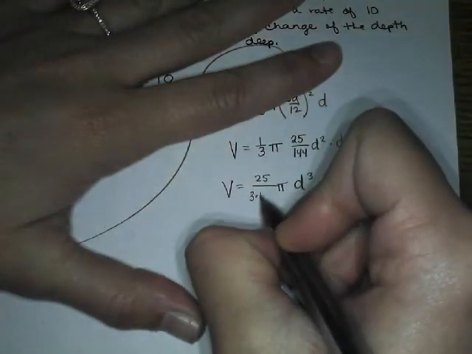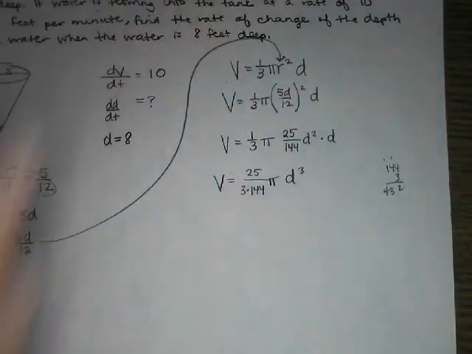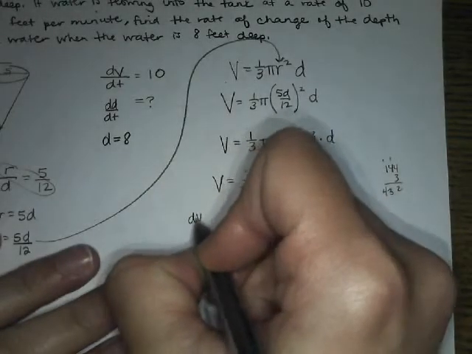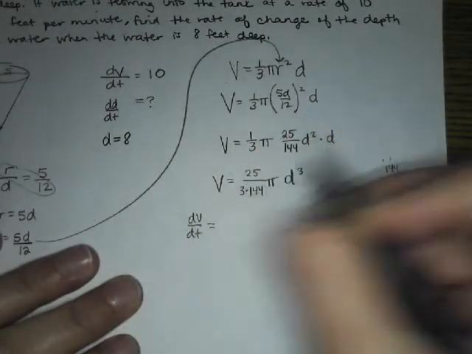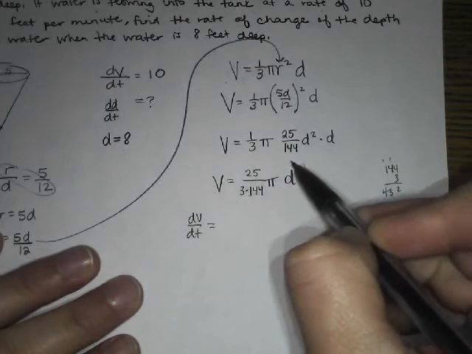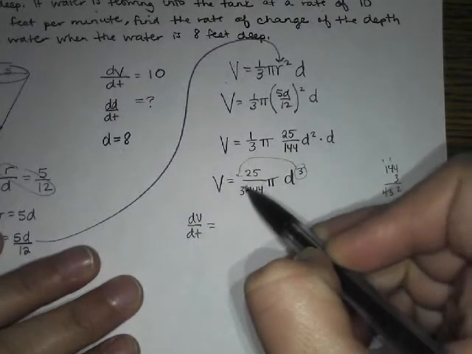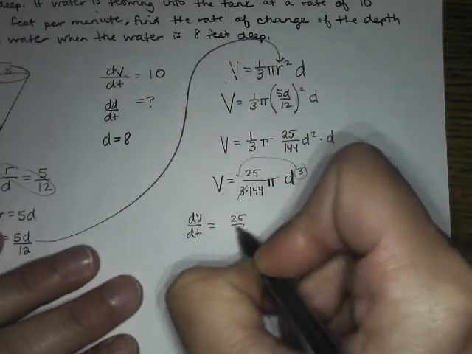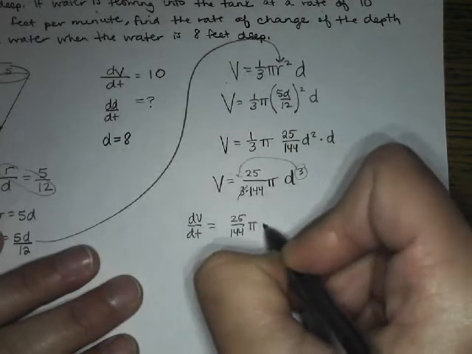So if you don't want to multiply out things along the way, and you just keep them as products, it might help you see these factors extracted a little easier when it comes time to simplify your differentiation, because this is going to give me dV dt, but when I bring this 3 out in front, it's going to cancel with that 3, yes? So now it's just going to be 25 over 144 pi d squared dD dt.